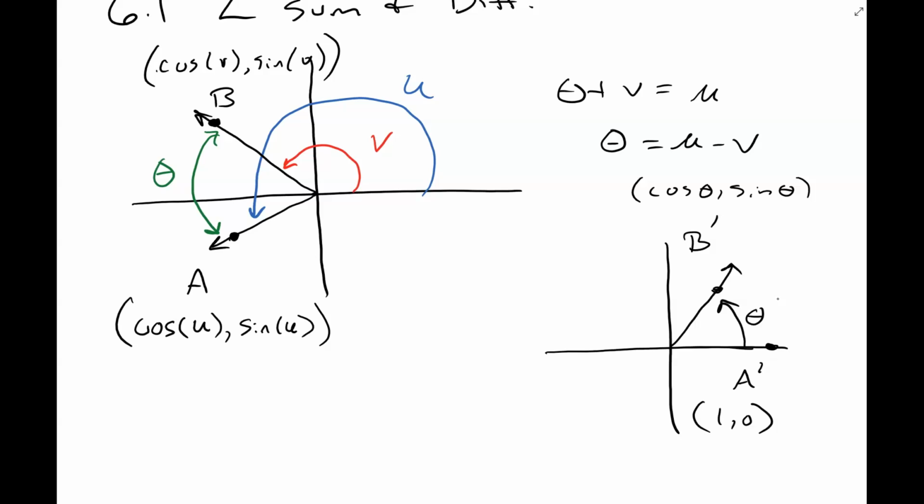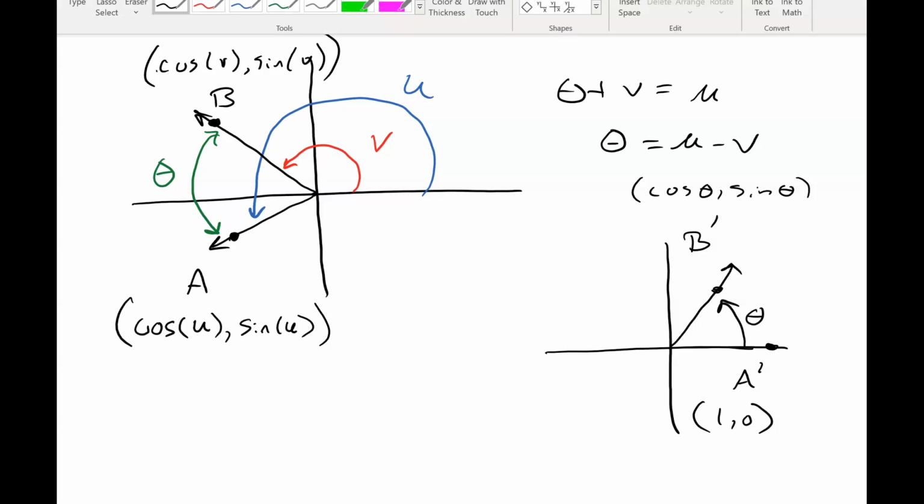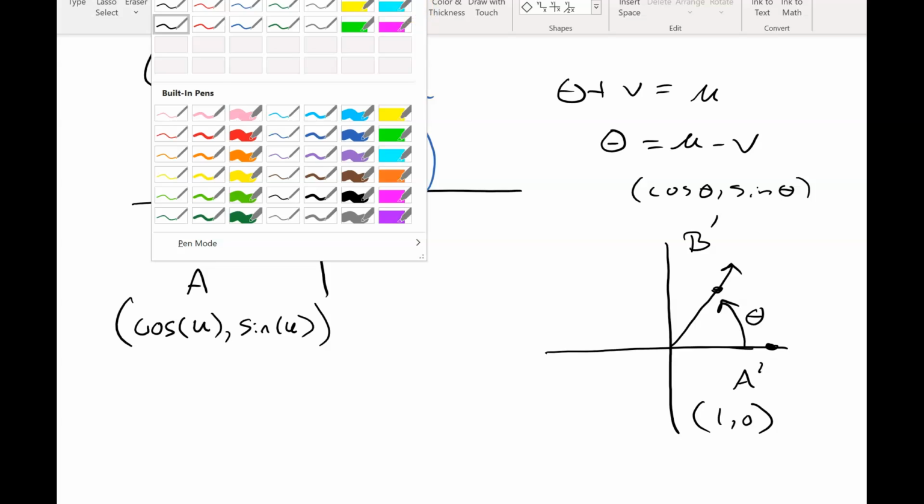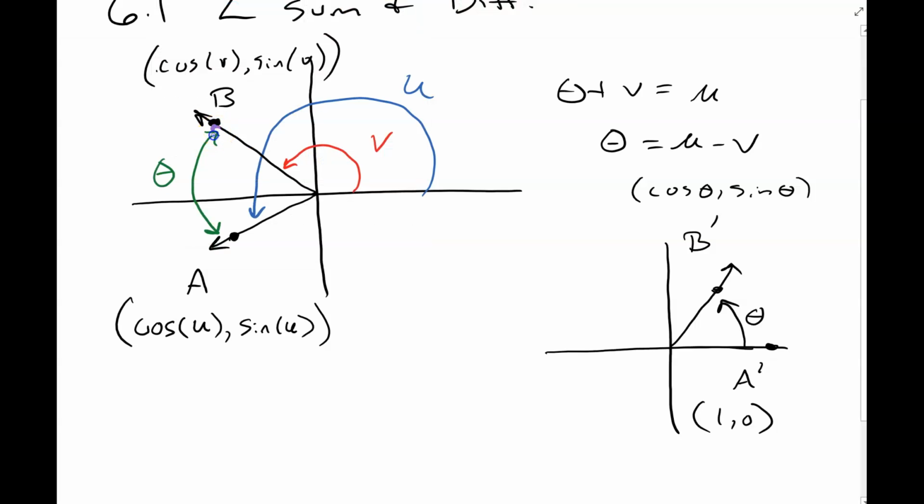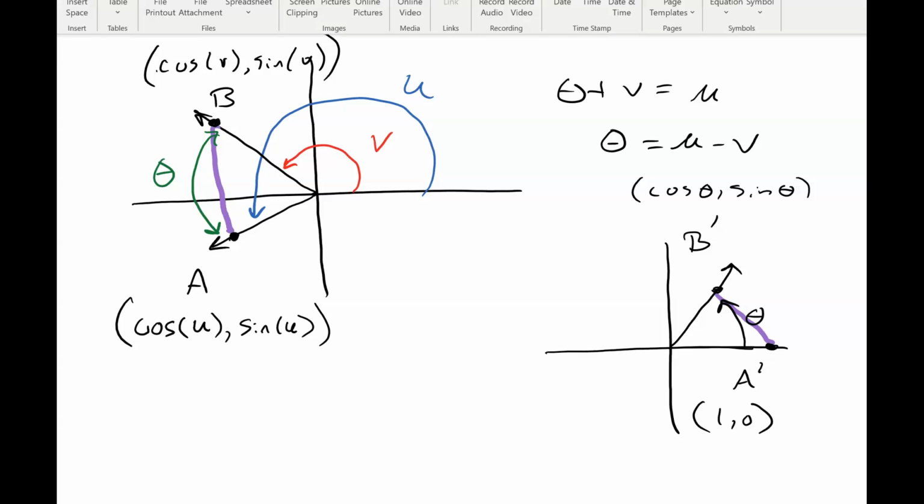So what I'm going to do now is consider the segment that goes from A to B and A prime to B prime. What can I say about the length of those two segments?